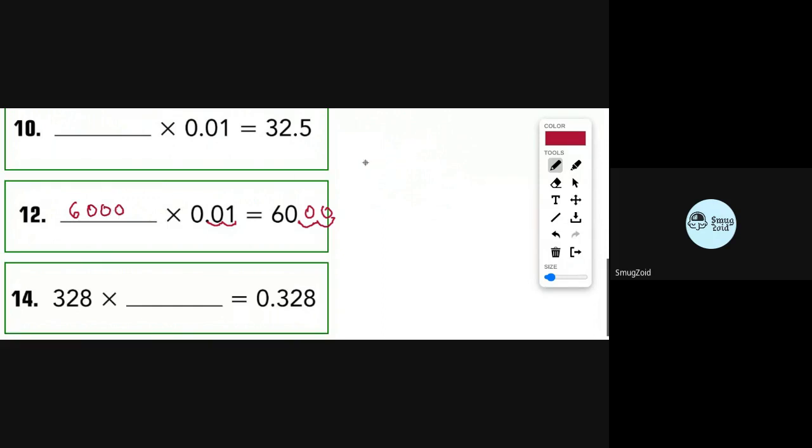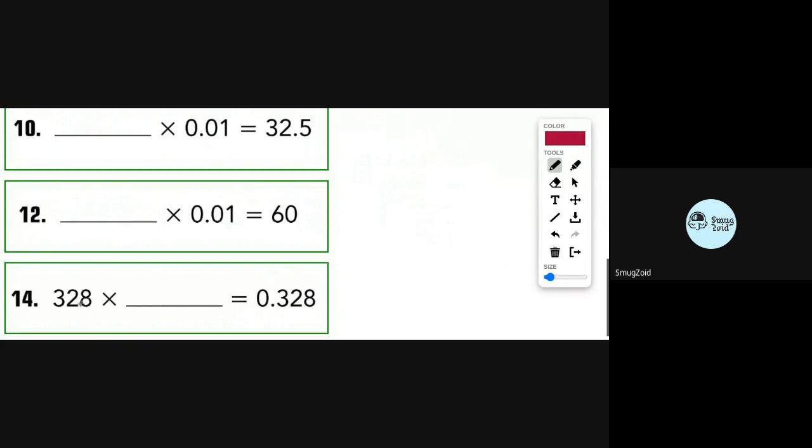Let's check it. 6,000 times 0.01, 1, 2, 1, 2. So that would be 60.00, or just 60 for this problem. Okay. So it's really just, whenever you move that thing to make a 1, you move the other one to do the same thing.